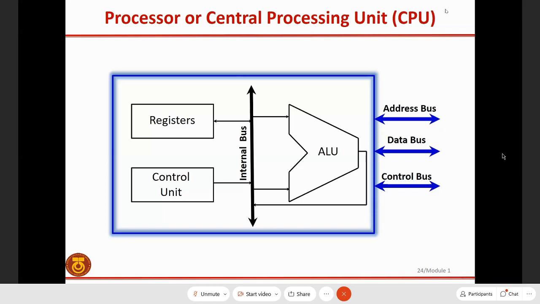That's what I think. So the address bus is between the CPU and the whole peripherals or components.